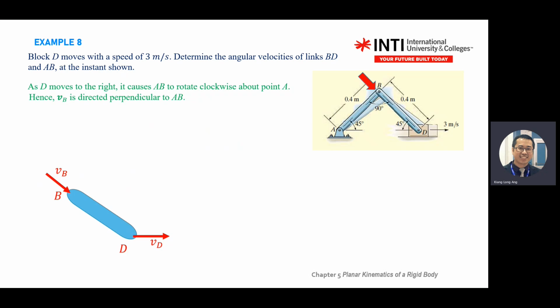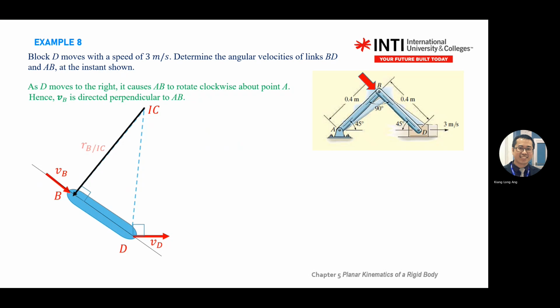You put your ruler here, draw a line. You combine the 2 lines, you get your IC point. Then you stand at the IC and look at that body. The body will swing this way. So you draw R, B from IC. You draw a vector D from IC.